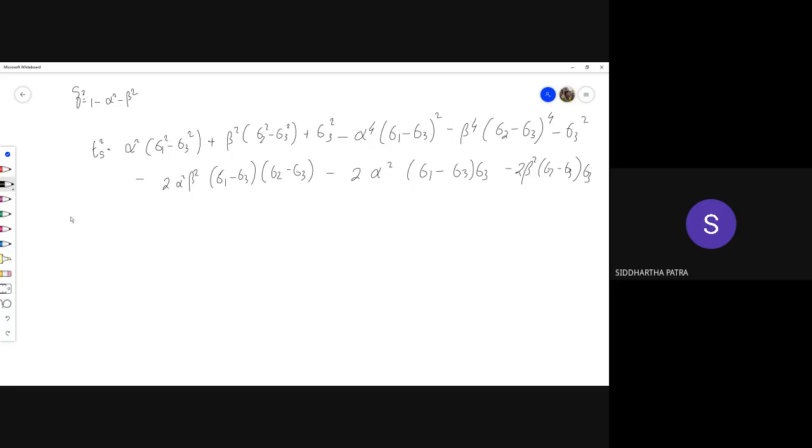Now I need you to give me the expression, because that should be zero. You see, alpha and beta are the two independent variables here, and the derivatives should be equal to zero. So these two should give you two equations.